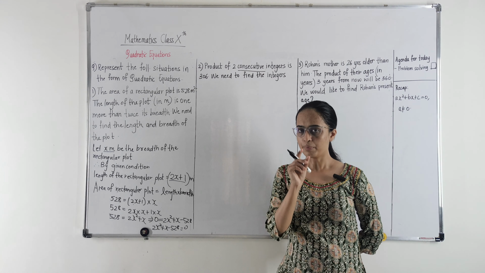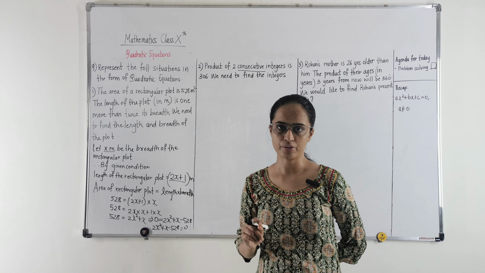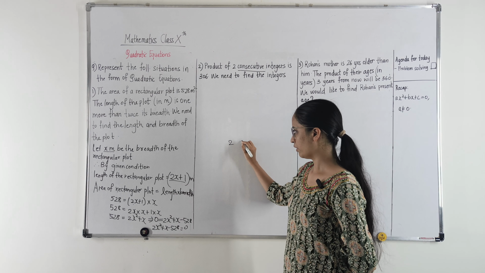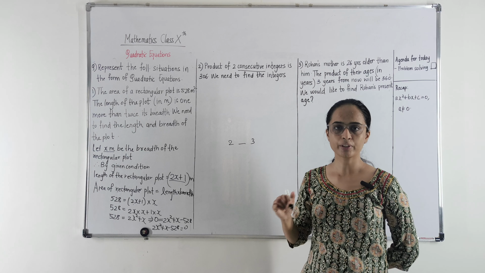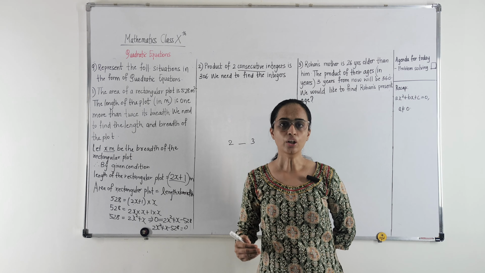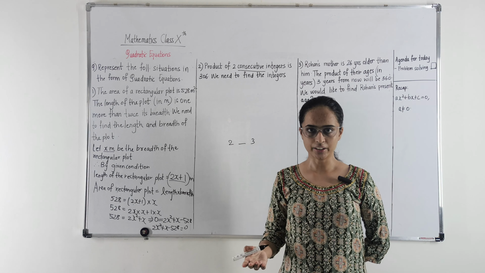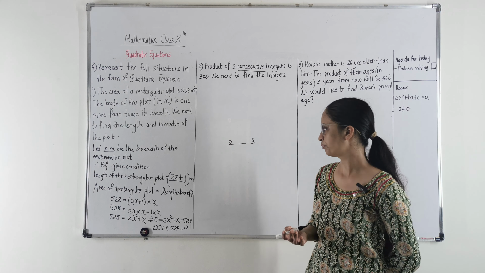But the words product of two consecutive integers, where the word consecutive plays a very important role, mean that if you are taking 2 to be the first number, then the second number has to be 3 and not 4. Why? Because 3 is the consecutive integer to that of 2. So consecutive integers are basically the immediate integers next to the integer that you have taken into consideration.